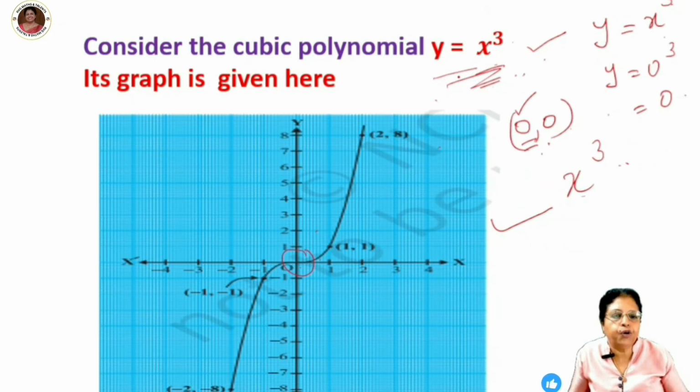This is the graph of y equal to x cube. Here the graph intersects the x-axis at 1 point, that is (0, 0), and here the x coordinate is 0, and 0 is the only zero of this polynomial.